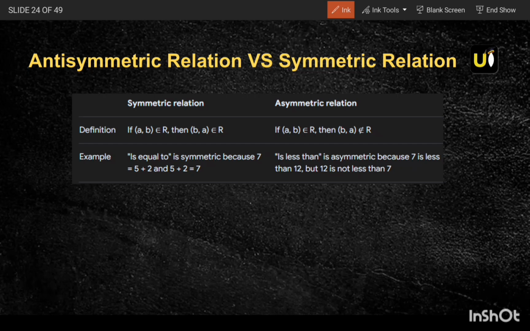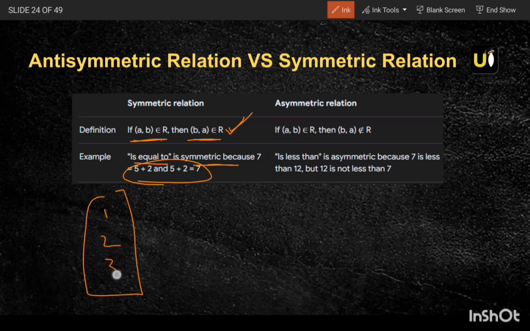If (A,B) belongs to the relation, then (B,A) must be belonging to that relation. Here, for symmetric relation, we have an example of addition. So in the previous example itself, we consider a set A plus B is equal to 3.